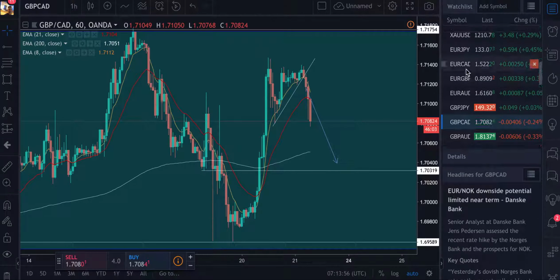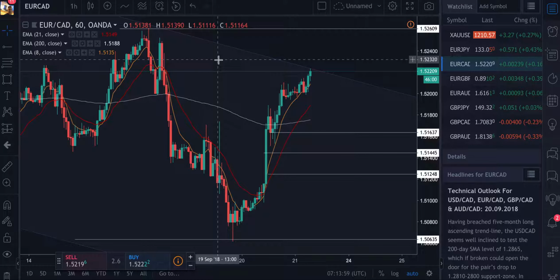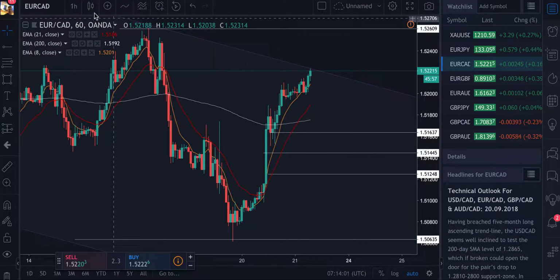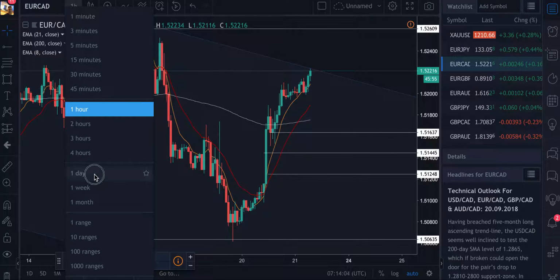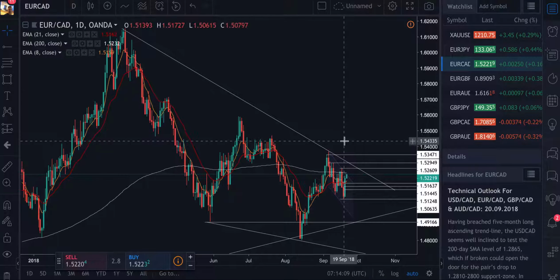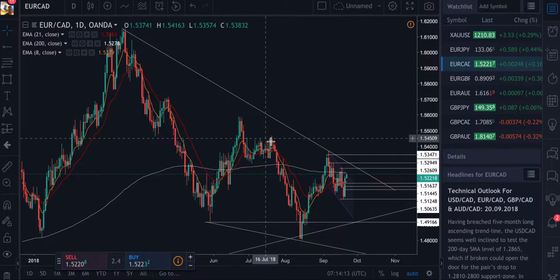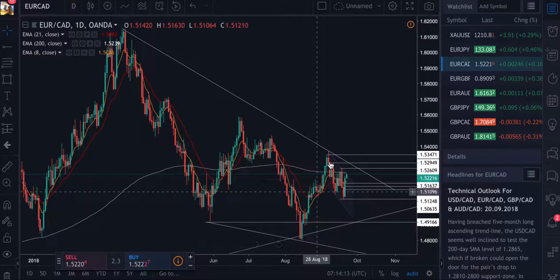Okay, EURCAD, let's bring this chart up. Again, on the daily time frame, you will see on the bigger picture that we had a big impulse move to the downside, relief, another impulse move to the downside. We've now got relief.